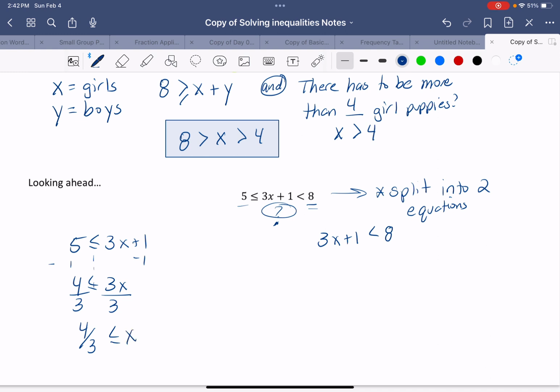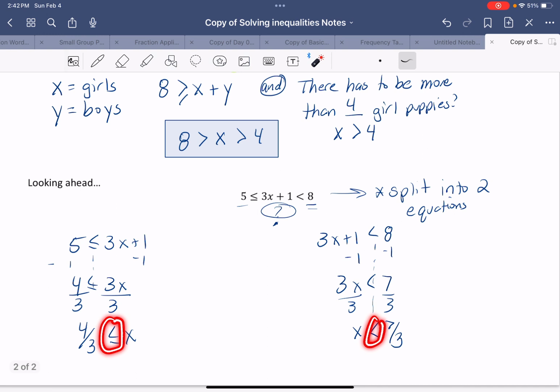Yes, you could change that to 1 1/3. Either way, I would be okay with this, okay? Now let's go to the second problem. And let's say 3x is less than 7. If I divide both sides by 3, x is less than 7/3. Now, notice, this and this are both going in the same direction. So guess what?